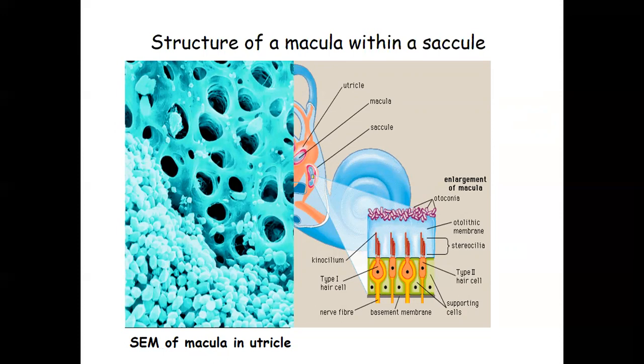We have different types of hair cells, but this will be discussed further by the physiologist, if I'm not mistaken. So you can see here we have type 1 hair cells and type 2 hair cells, and above here we have the stereocilia, and then we have the kinocilium, and then we have the otolithic membrane here.